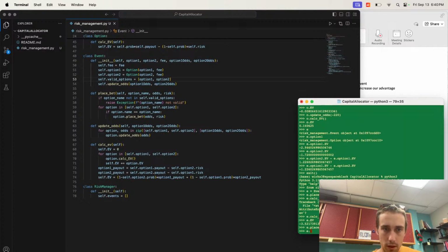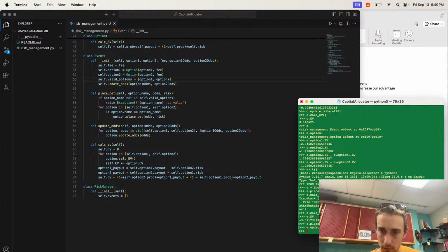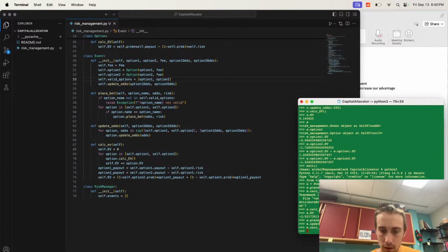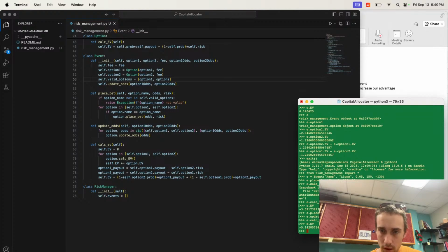And then let's update odds, and the new odds are Rams plus 130, Lions minus 110. Calculate the EV. Oh, and it's even worse now?